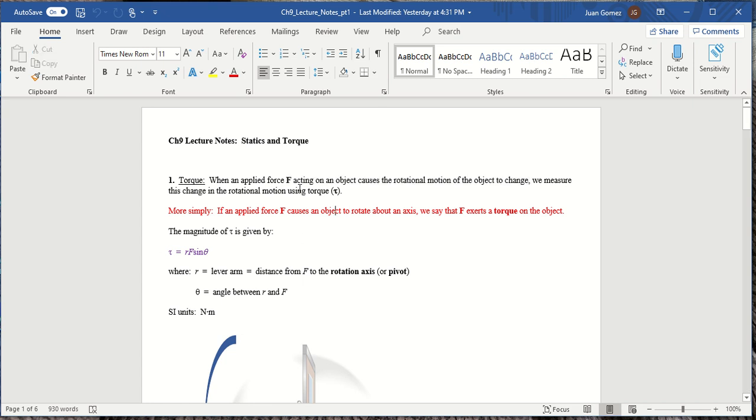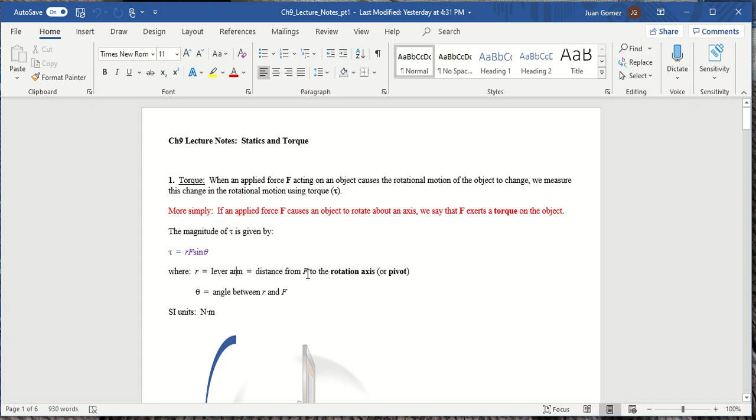And now the symbol for torque is the Greek letter tau. As you know, mathematicians and physicists love the Greek alphabet. And the equation for the magnitude of torque is tau equals R F sine theta. Well, what is F? F is the applied force. Now R is what's called the lever arm.